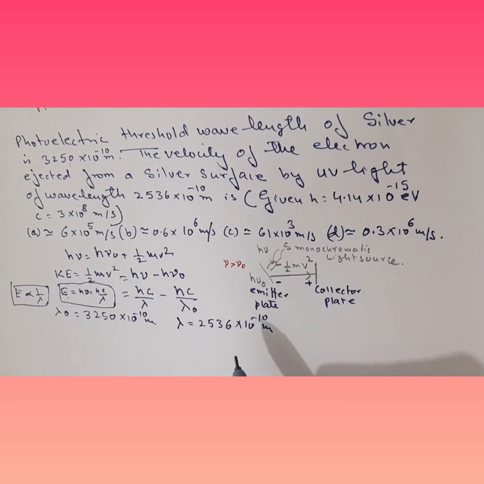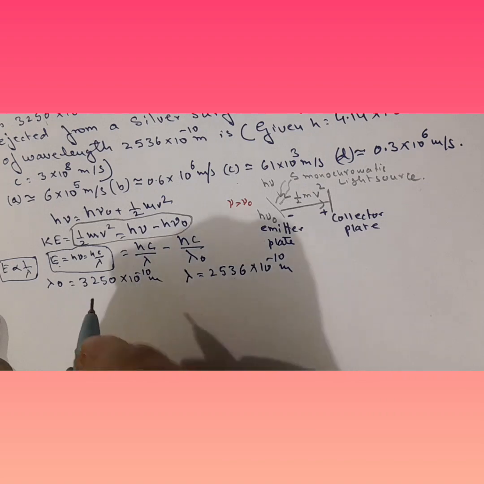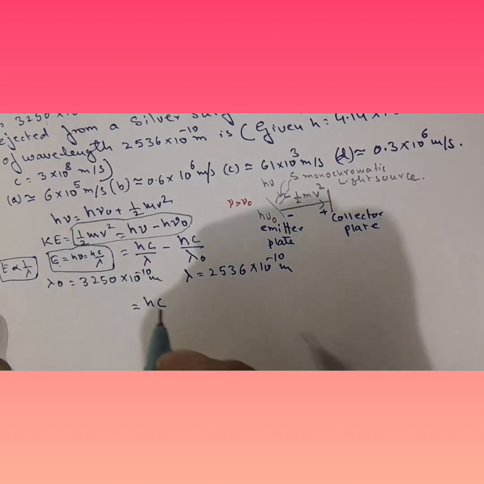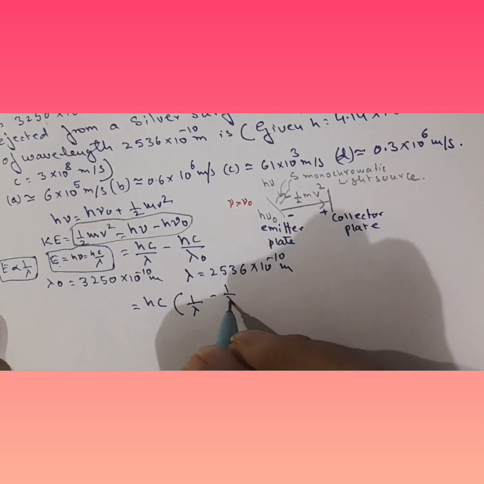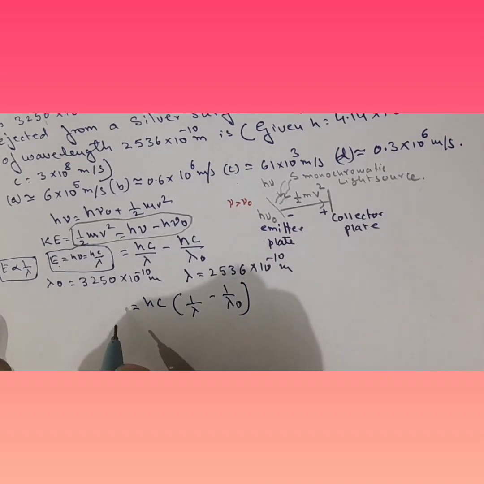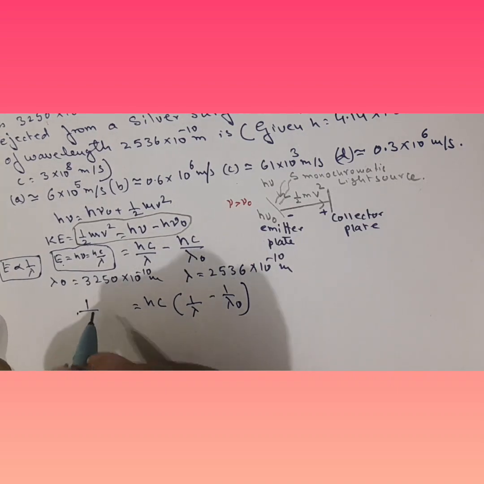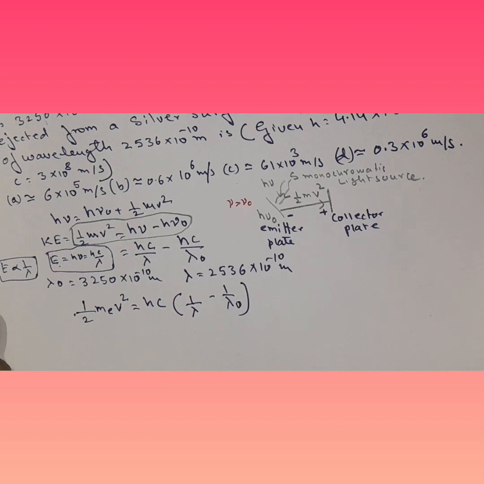Now let's proceed. If I bring this down over here, hc is common, so it would be 1 over lambda minus 1 over lambda 0, and this would be equal to half mv square, where I put m as the mass of the electron. What we are interested in is the velocity of the electron.